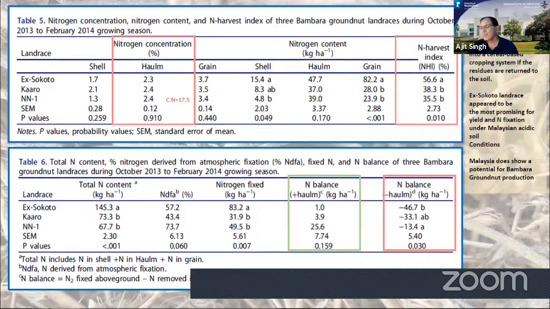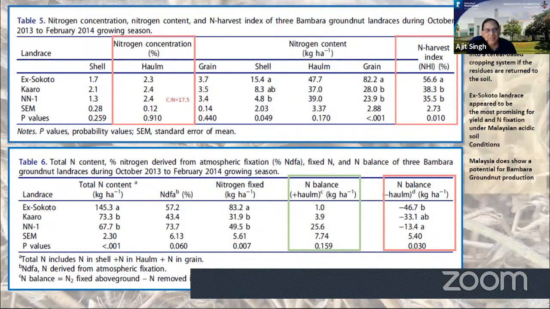Therefore, for the system to be sustainable, we must return the residues into the soil. By removing residues, we are depriving the soil of its nutrients. We are decreasing the nutrient content of the soil.